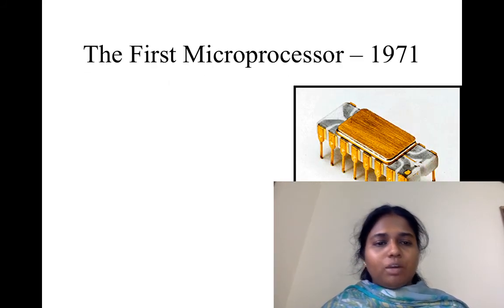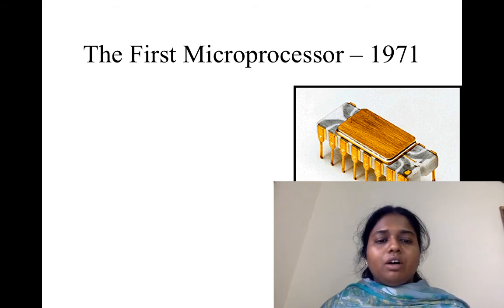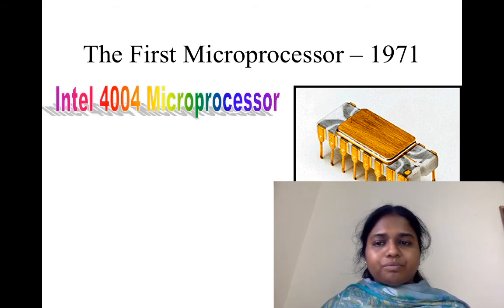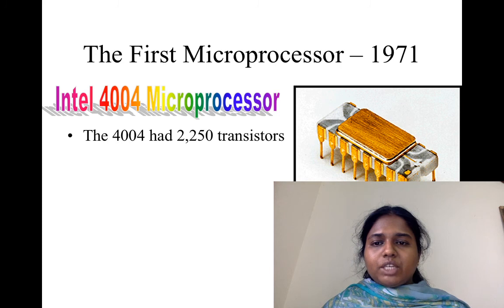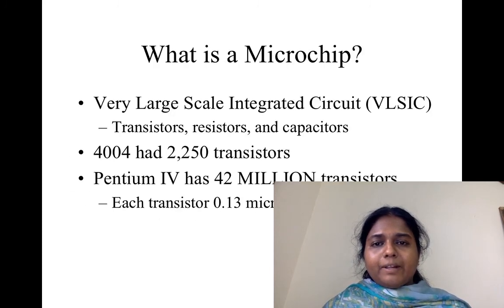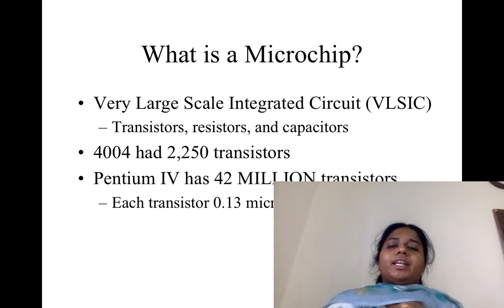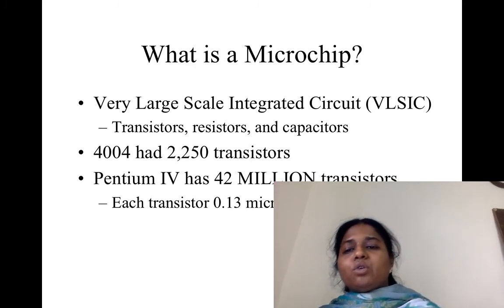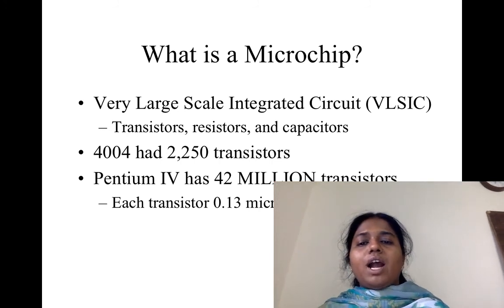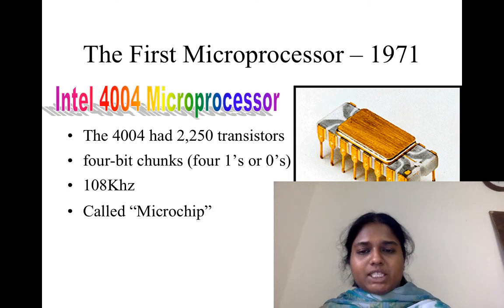These are all old processors. This was the first microchip, the 4004. This was Intel's first processor. A microchip is a very large scale integrated circuit, and the 4004 had 2250 transistors in this small space.